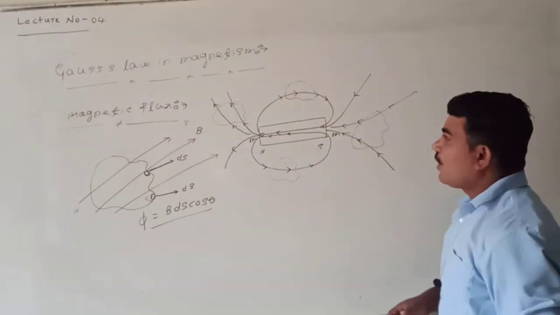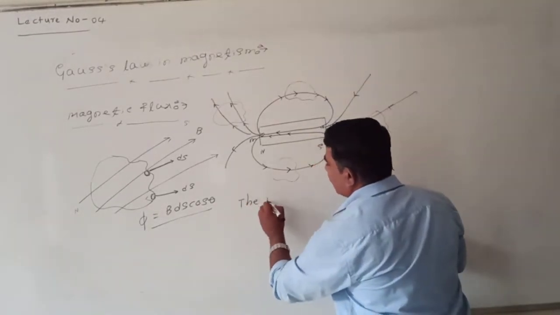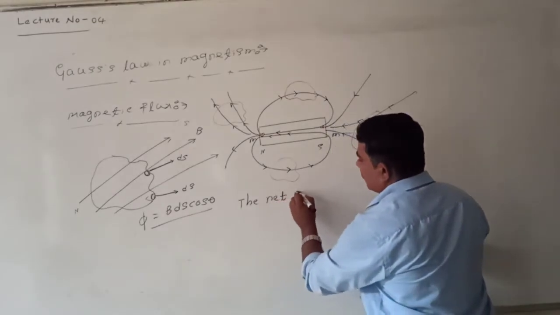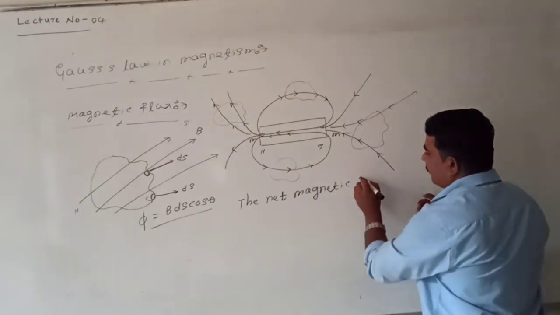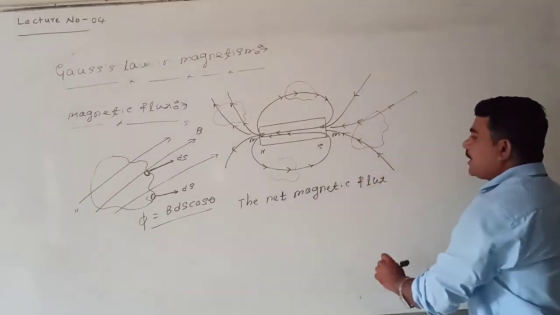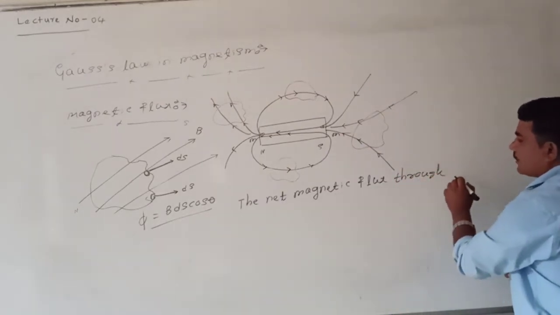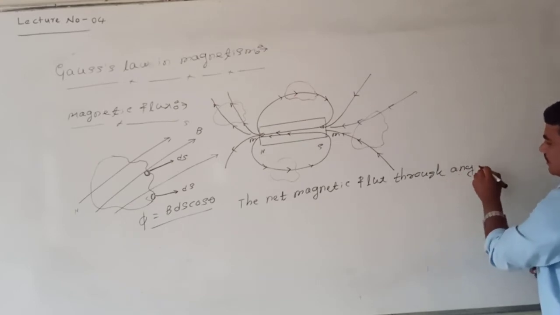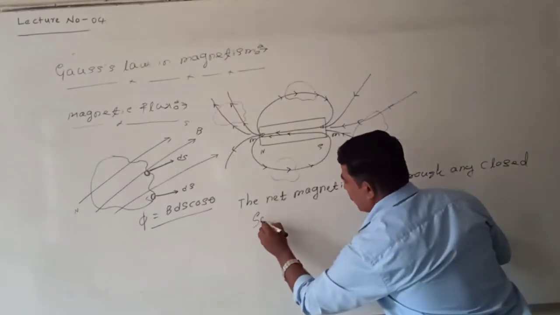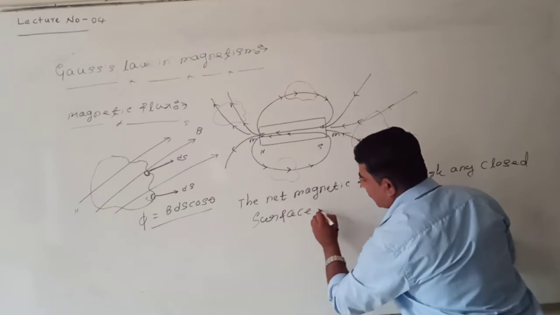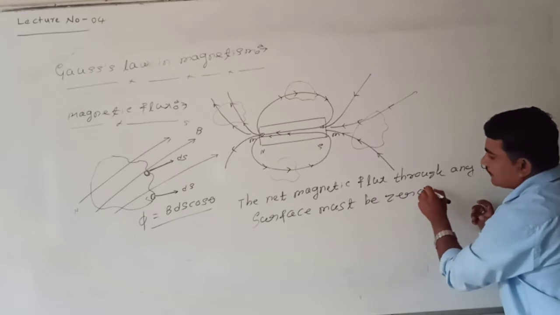So the statement of Gauss law of magnetism: the net magnetic flux through any closed surface must be zero. So this we call Gauss law of magnetism.